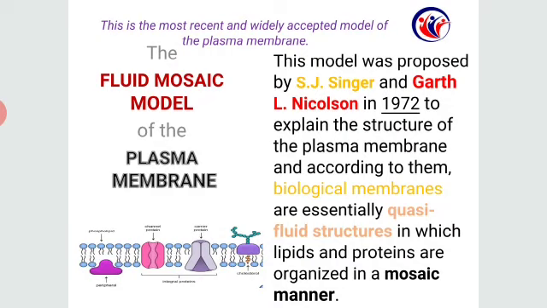Then in 1925, two Dutch scientists, Gorter and Grendel, reasoned that cell membranes are actually phospholipid bilayers, two molecules thick. But they did not account for the positioning of the proteins. So that model also quickly faded away.